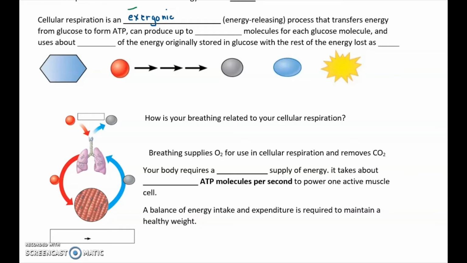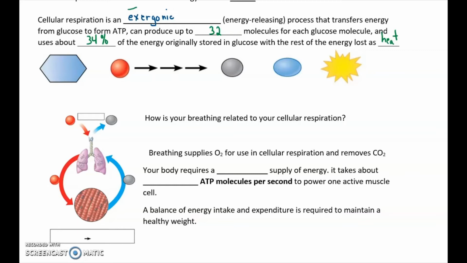And it can produce as many as 32 molecules for each glucose molecule. It uses about 34% of the energy originally stored in the glucose, and the rest is lost as heat. This compares favorably to your automobile, which gets much less energy out of its fuel.